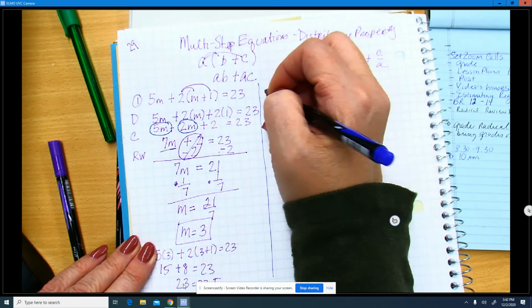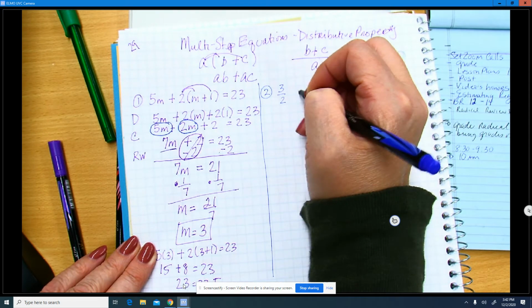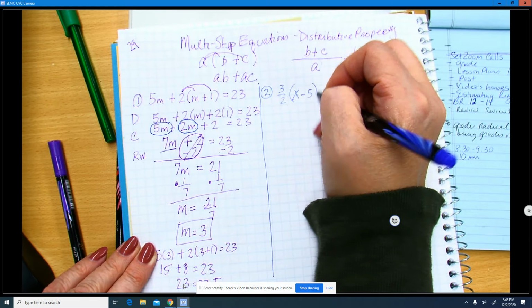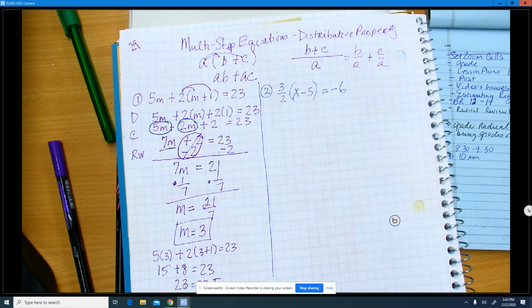Moving on to our second example, we have 3/2 times (x minus 5) equals -6. So if you remember back to when we talked about the inverse operations, we talked about things you needed to be able to recognize.